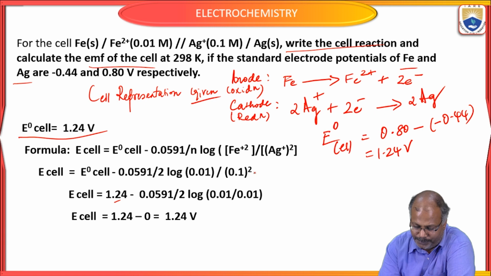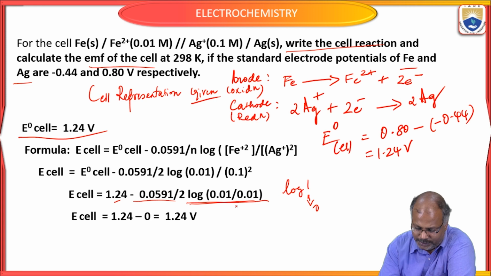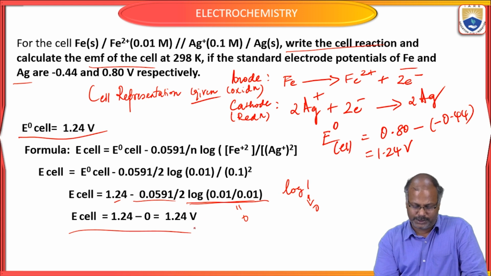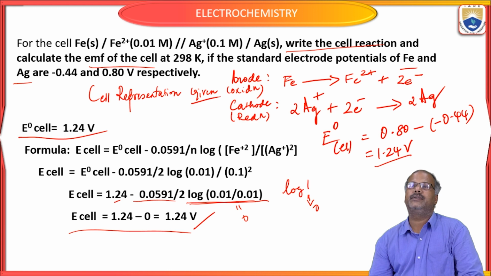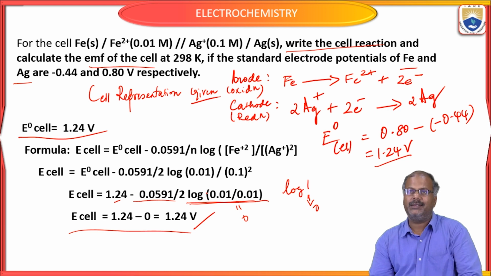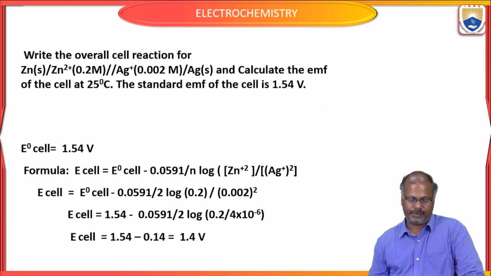Log of 0.01 by 0.1 square. Both the terms are equal, so log 1 is 0. So this term will become completely 0. So standard E cell is directly equal to EMF of the cell at this condition given. 1.24 volts is the answer. Whether you do by E naught cell or by substituting the concentration, both are coming equal in this problem. Okay. Next.